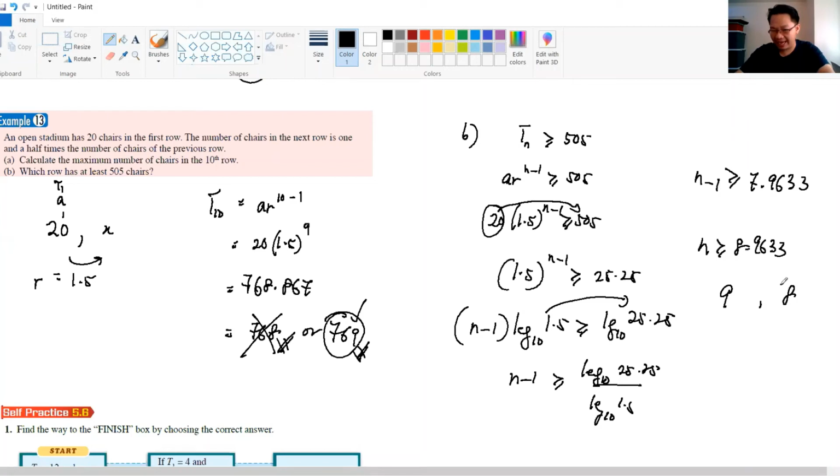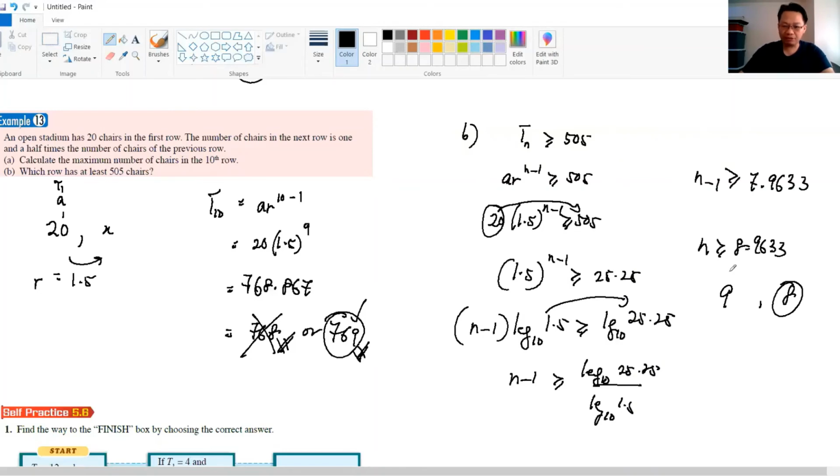If I choose 8, we can check the value. Now we have two values here, 9 and 8. 8.9633 is in between 8 and 9. If you still remember, a term cannot be a decimal number. A term must be a round number, a standard number, starting from 1 onwards. So it can be 8 or it can be 9.